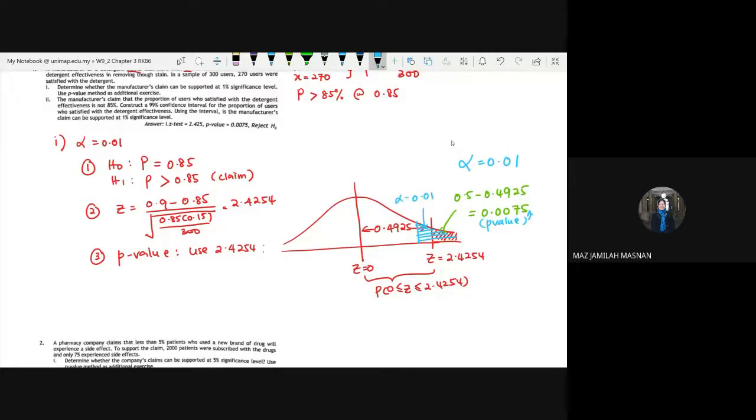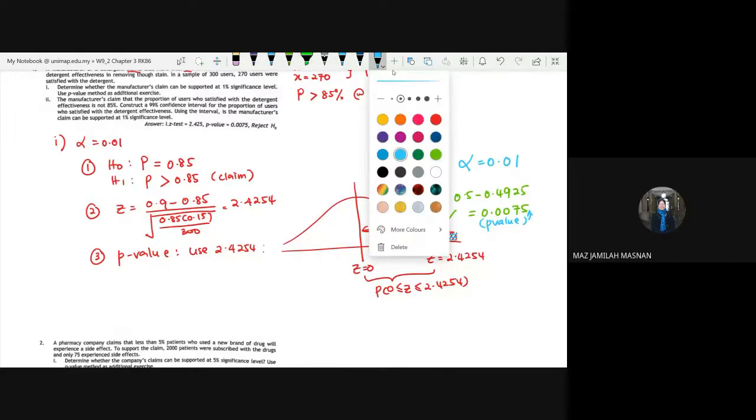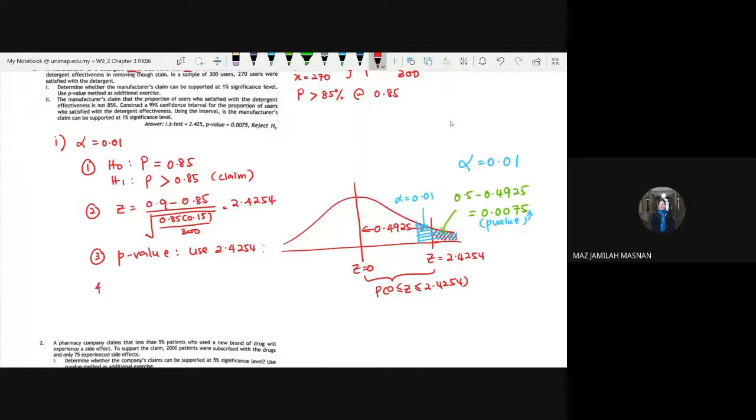Our p value is inside the rejection region. So we can decide, number 4: since alpha is larger than the p value, we reject the null hypothesis.